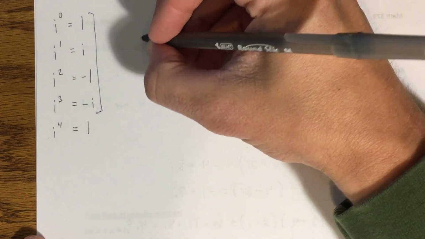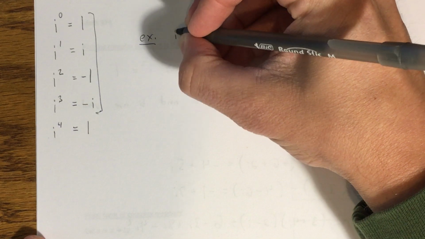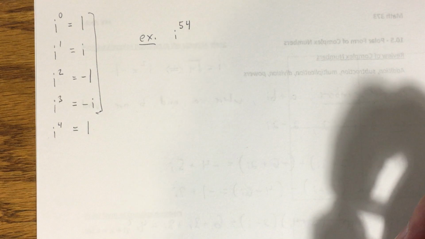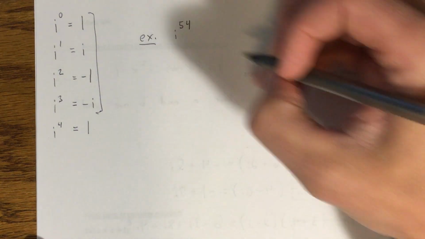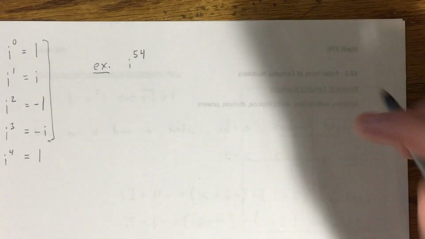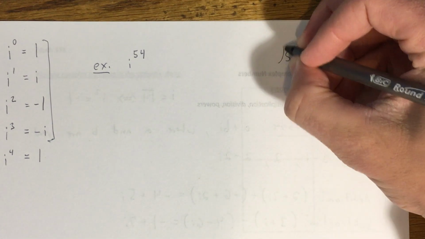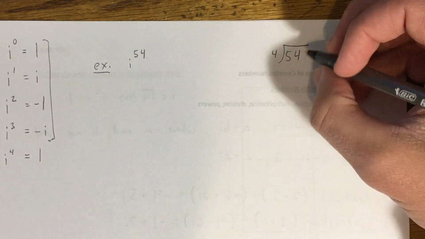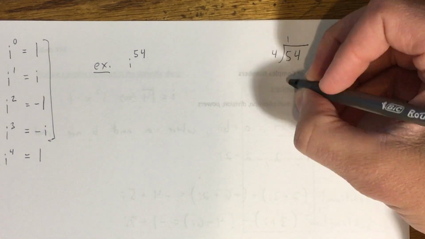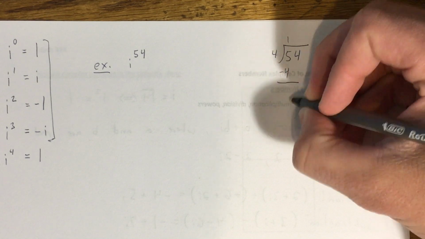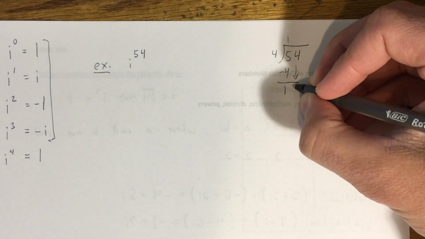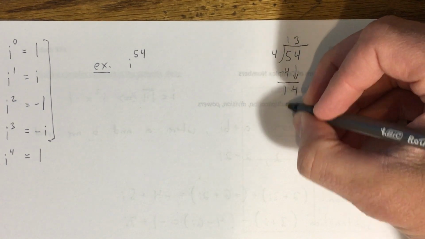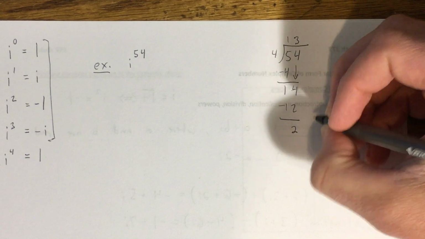Because, for example, if I wanted to do i to the 54th power, well, if I were to divide 54 by 4, and thinking of this in terms of long division, 4 goes into 5 once, that's going to give me a 4 here, subtract, I get a 1, bring down that 4, 4 goes into 14 3 times, 4 times 3 is 12, subtract, I get a 2 here.